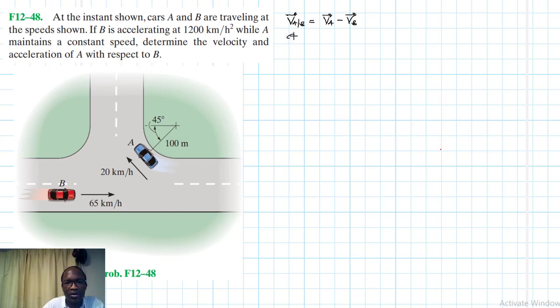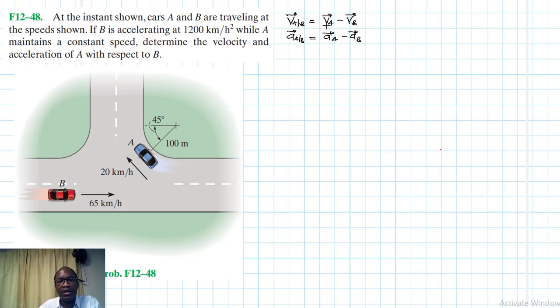The acceleration also will be, writing it as a vector, A, small letter a, sub capital letter A stroke B is equal to AA minus AB. So A and B are absolute velocity and acceleration. Then A stroke B, these are relative velocity and relative acceleration.